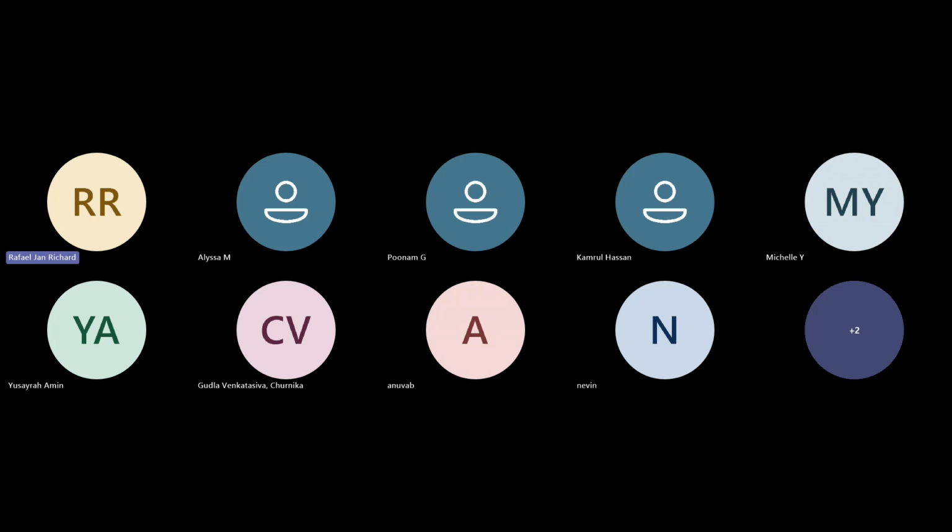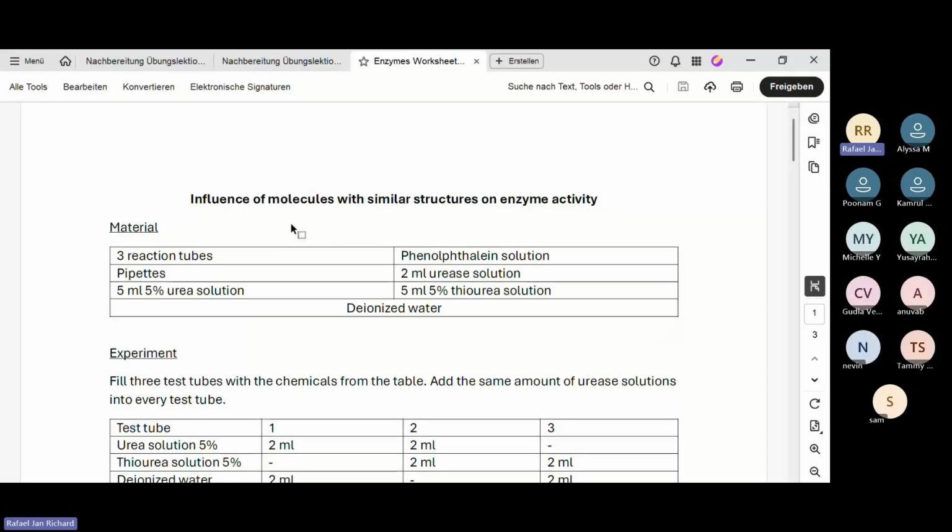So for the first activity, I'll try to share my screen again, which is about the influence of molecules with similar structures on enzyme activity. And this experiment is pretty much the same as the one I showed you in the presentation.